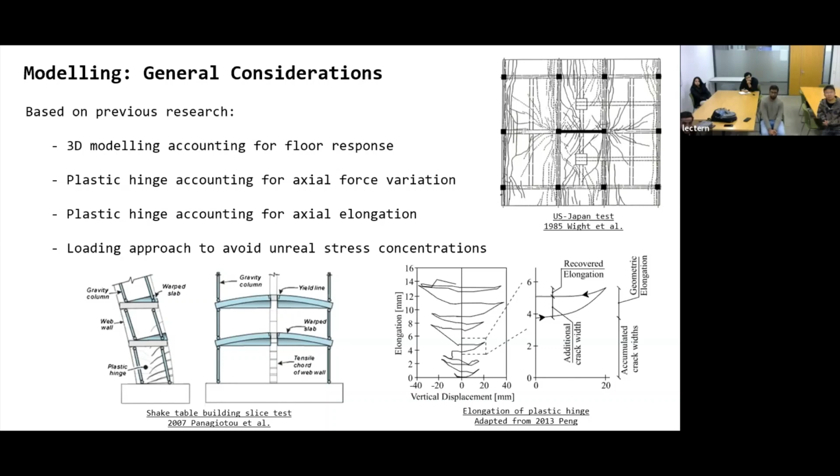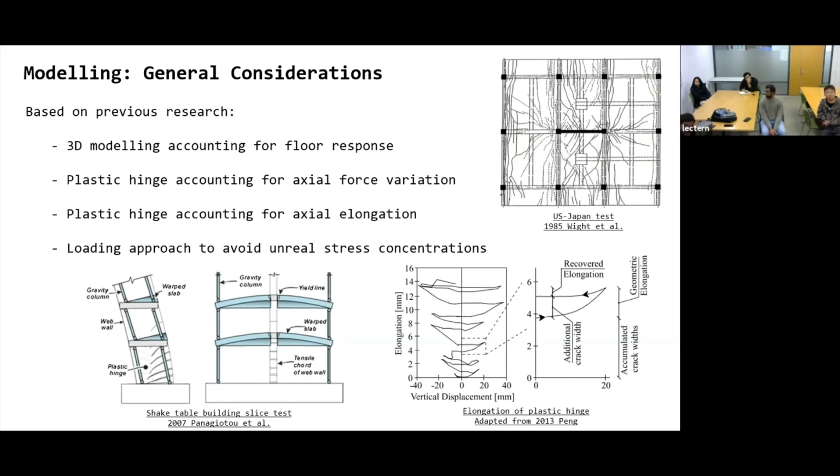Then for the wall, I need a plastic hinge model that could account for variations in axial force. Because the slab couples the response of the walls and the columns, there are internal force redistributions that affect the axial forces of all the elements. So it was quite important to have a plastic hinge model able to capture that.